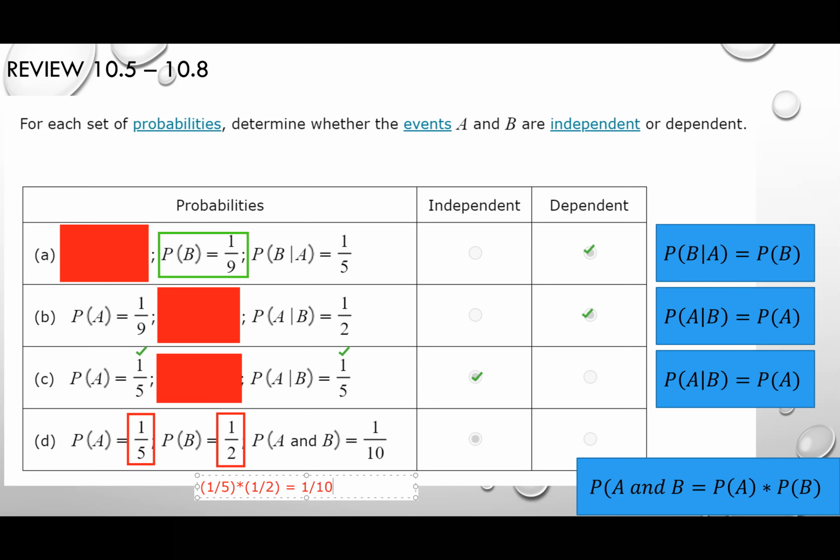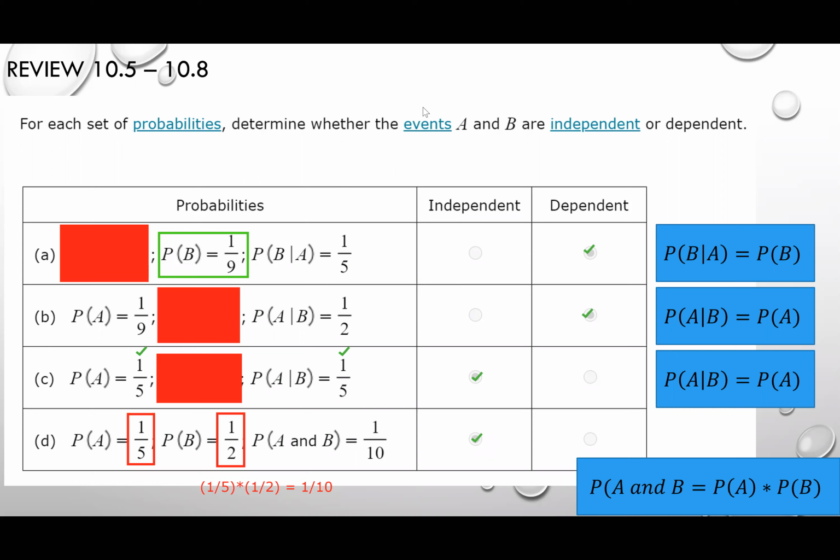Just kidding. Again, this here is 1/2 times 1/5. If you multiply this, it is 1/10, and 1/10 is equal to this, and that justifies our item. And if it's justified, then we say that these two items, A and B, are independent. Okay, and that's the idea of this question.